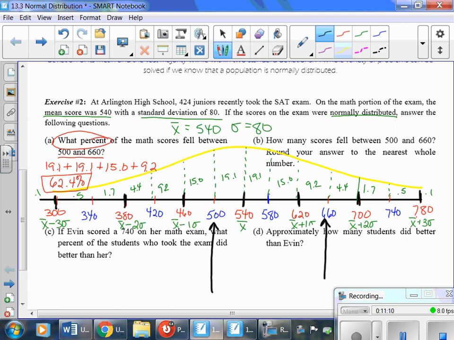Oh, this is the same, sorry. This says how many scores. That's the difference, making sure we're reading our questions. Because we know that we had 424 juniors take this test.